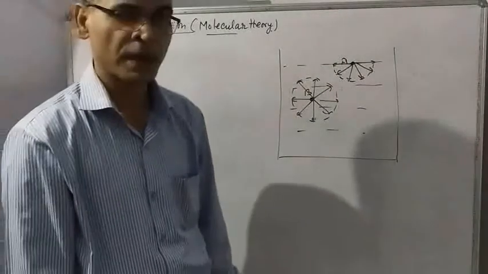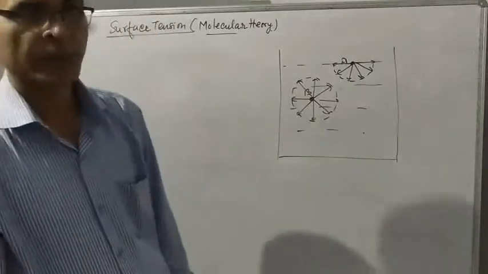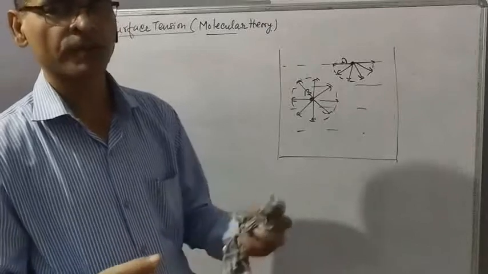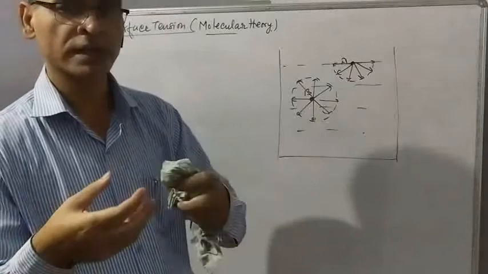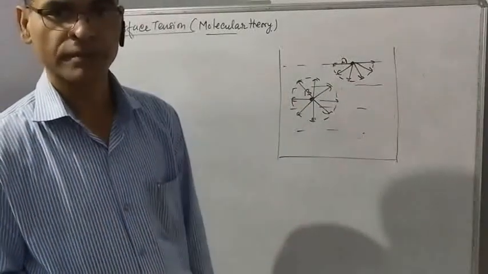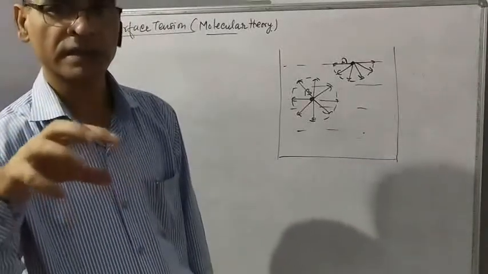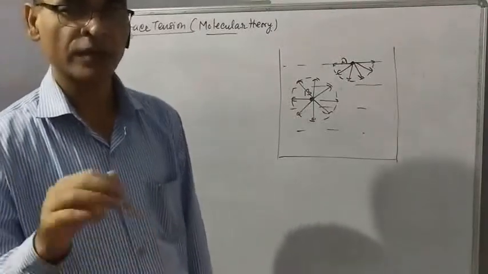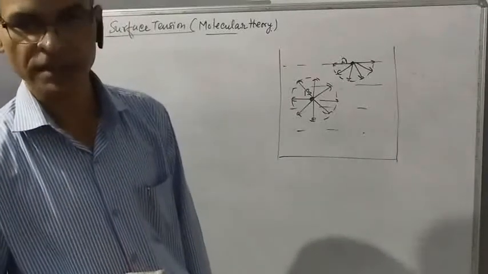By different experiments and experiences, we come to know that the top layer of liquid is very similar to a membrane stretched from all sides, or you can say a sheet stretched from all sides. The top layer behaves like a stretched membrane. That is why we say that liquid has some tension on the surface, and that is called surface tension.